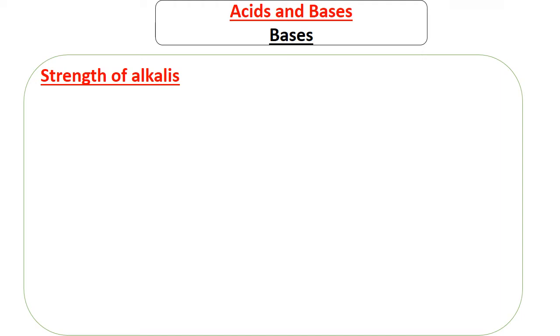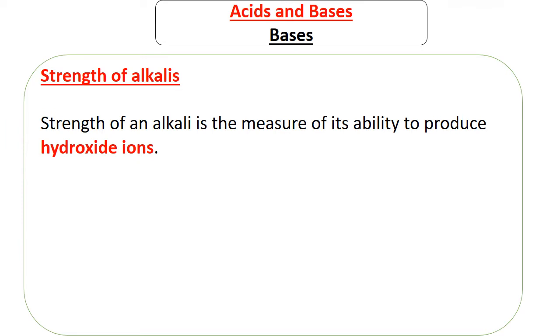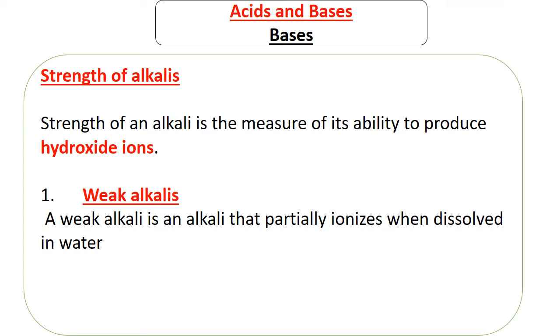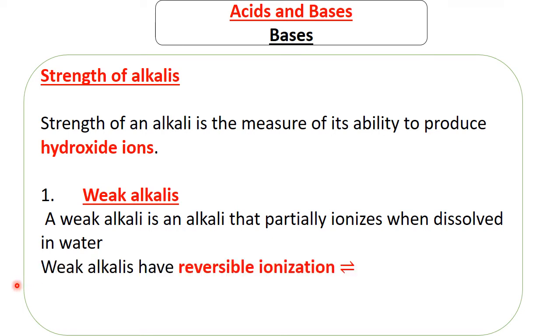Even for the bases, it is the same. So the strength of an alkali is a measure of its ability to produce hydroxide ions. A weak alkali is an alkali that partially ionizes when dissolved in water. By partially, we should remember that there is an involvement of a reversible reaction, meaning that when you have a situation like this, you have got an alkali here.